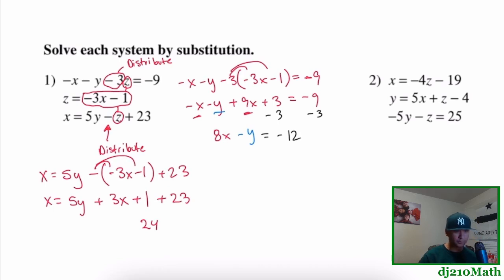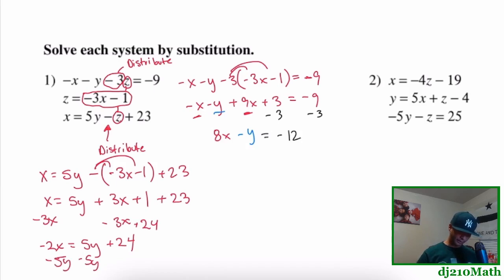I'm going to subtract 3x from both sides. That's going to make negative 2x is equal to 5y plus 24. And then lastly, subtracting 5y from both sides, I'm going to get negative 2x minus 5y equals 24.